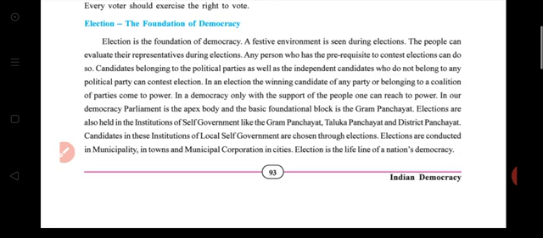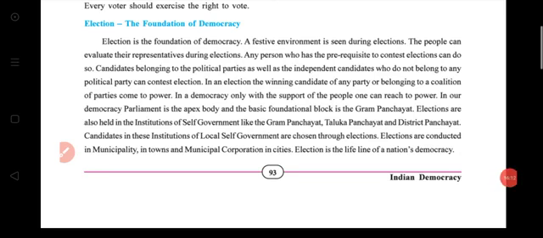In democracy, only with the support of people can one reach power, because voting is done by people. In our democracy, parliament is the apex body and the basic foundation block is the gram panchayat.